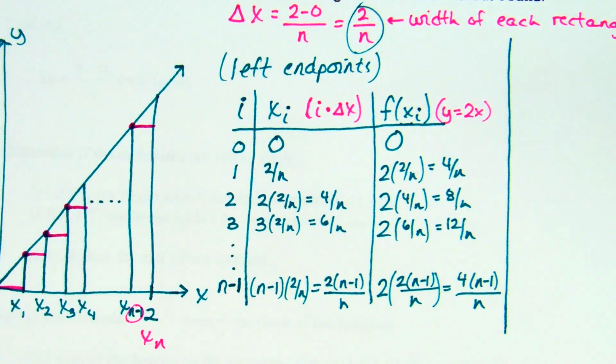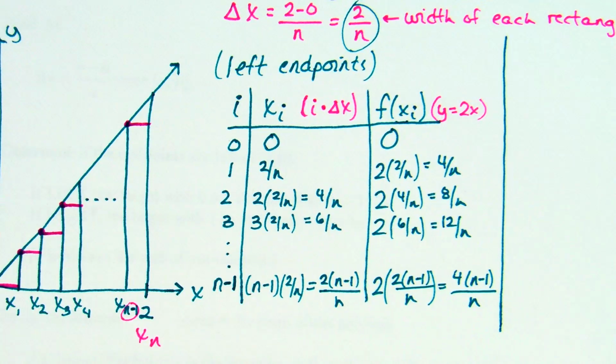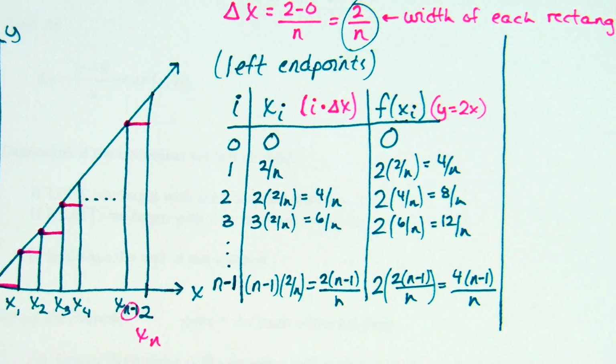Now, if you're looking at the note, the steps, it says delta x. Delta x is always your width times the sum of the heights. And it's not going to make much sense right now. It says the sum of the heights is the equation with each delta x plugged into it. So, okay. The sum we're trying to figure out right here, this is the sum of lower rectangles.